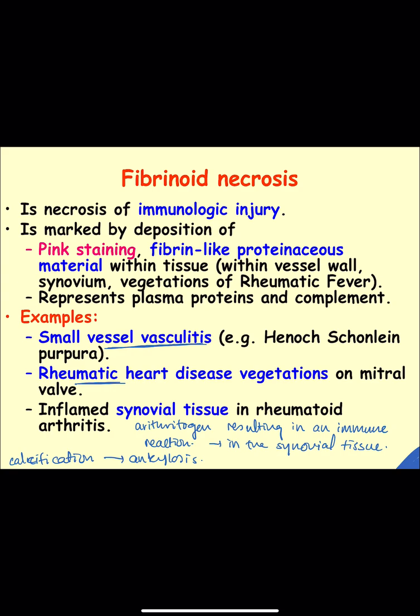Those are going to result in what's known as bamboo spine, because it will become one piece as a result of the fusion of all those joints that connect the vertebral bodies together.